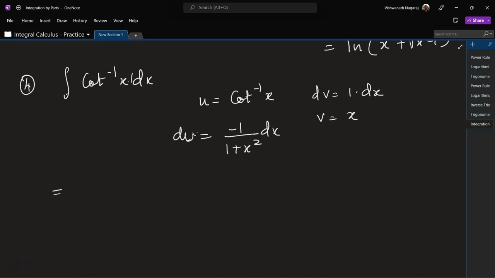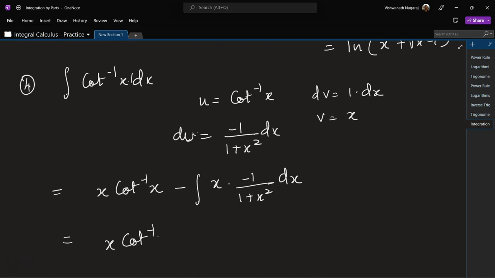So let's incorporate all these parts. uv, that is x cot inverse of x, minus integral of v du, that is x times minus 1 by 1 plus x square dx. So this becomes x cot inverse of x plus integral of x by 1 plus x square dx.